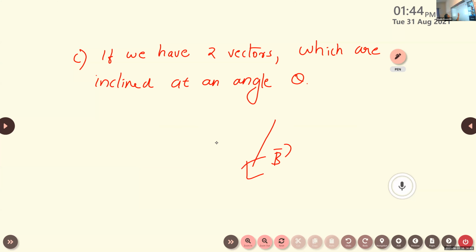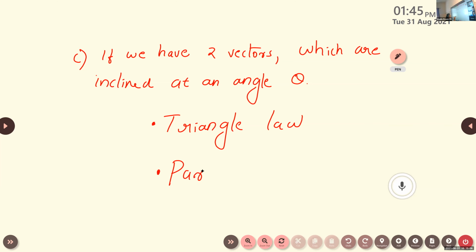So if we have two vectors inclined at an angle theta, then there are two different laws or methods to find the resultant vector. The first method is known as triangle law, and the second method is known as parallelogram law.